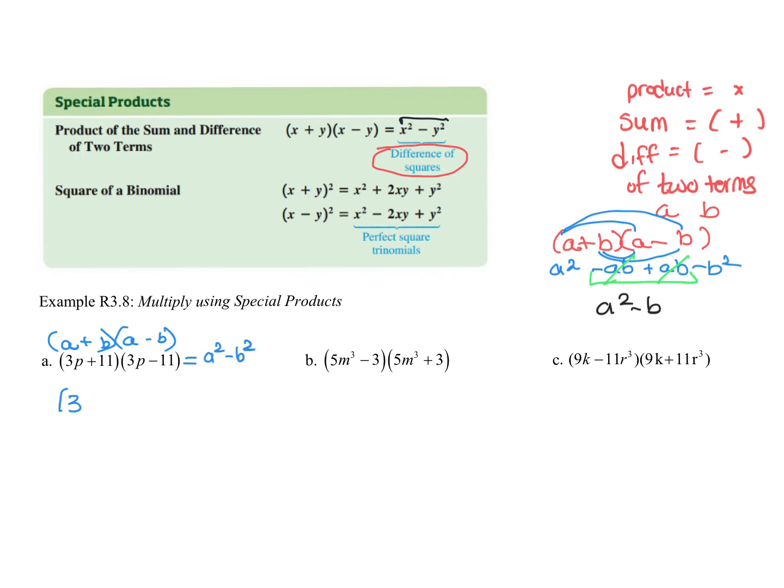So 3p was what my a was called, and a is squared, so I put the square on the outside, minus b was called 11. And remember, it's minus b squared. And then you just have to be very careful with your exponents. In this first one right here, 3p and then squared means they both get squared. So this is going to be 9p squared. And then minus 11 squared is 121. The other thing you can do is you can actually just FOIL it out, because you should still get this as your final answer.